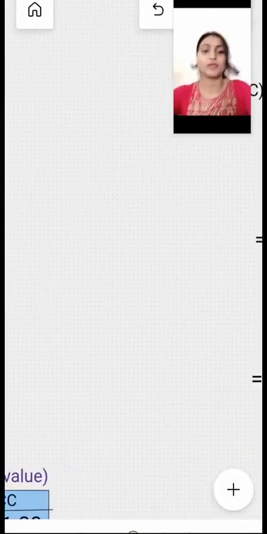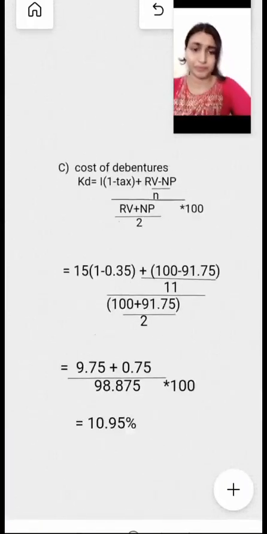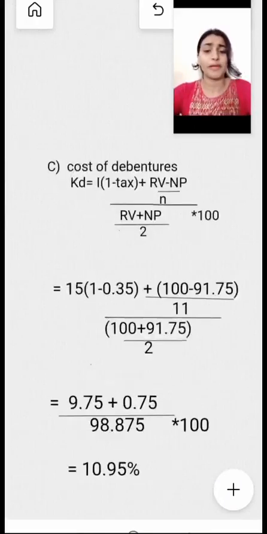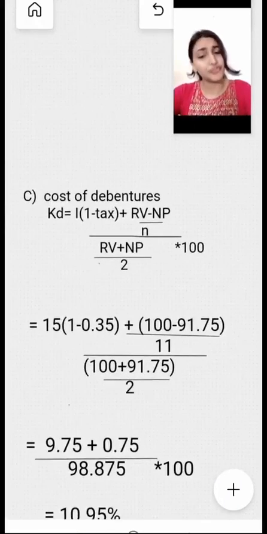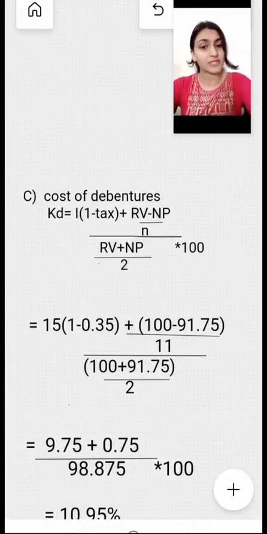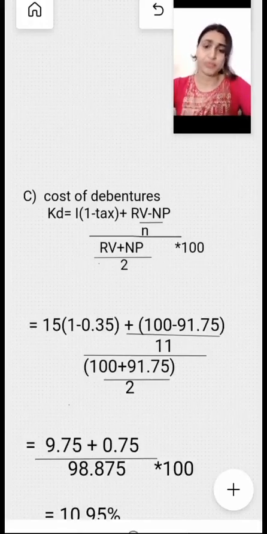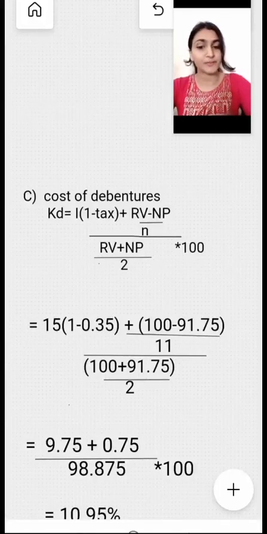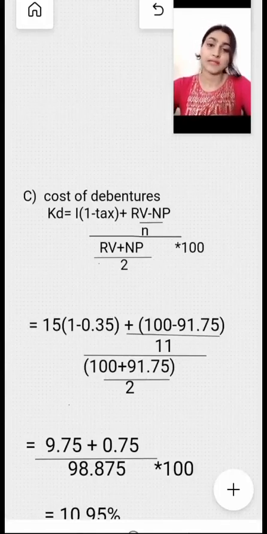Next, let's come to cost of debentures. Formula is KD is equal to interest into 1 minus tax plus redeemable value minus the net proceeds divided by the number of years, whole divided by redeemable value plus net proceeds divided by 2. So interest is 15% debentures, so 15 into face value 100, we get 15 as interest. 1 minus tax, corporate tax they have given 35%.